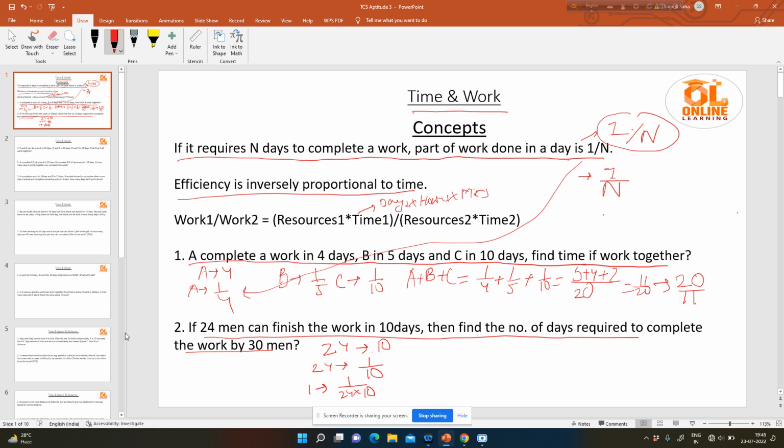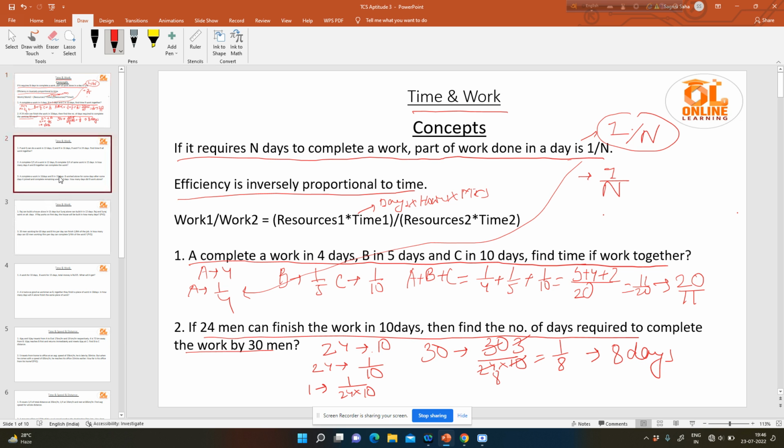The amount of work done by 30 men in 1 day would be 30 by 24 into 10. 10 3s are 30, so 3 8s, it would be 1 by 8. So 1 by 8 is the amount of work done by 30 men in 1 day, so they will complete the work in 8 days. Just the reciprocal.